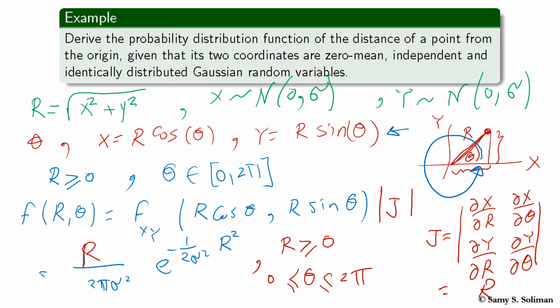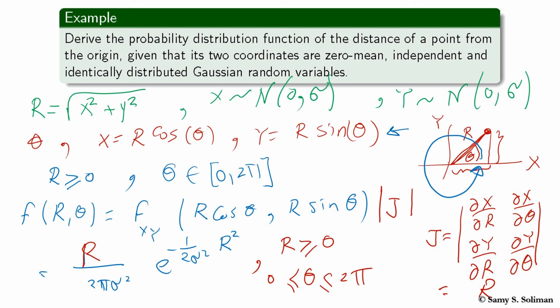In order to get the marginal distribution of r, we have to integrate this joint distribution over the whole range of theta. Luckily here, this joint distribution is not a function of theta, so when we integrate with respect to theta, we have the whole expression taken outside the integral, and we are left with the integral of 1 d theta for the range of theta from 0 to 2 pi.